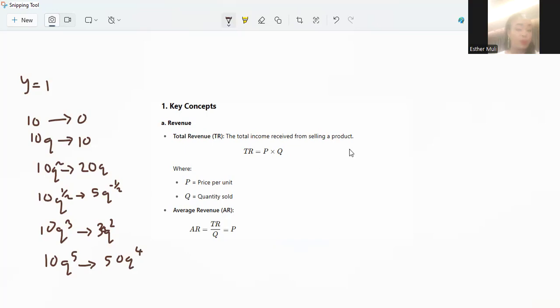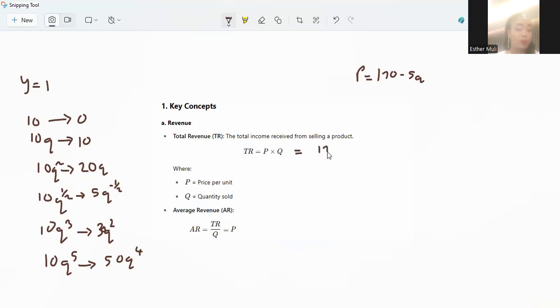All right. With that being said, we're going to use this principle. If the price is given by 170 minus 5Q, find the total revenue.